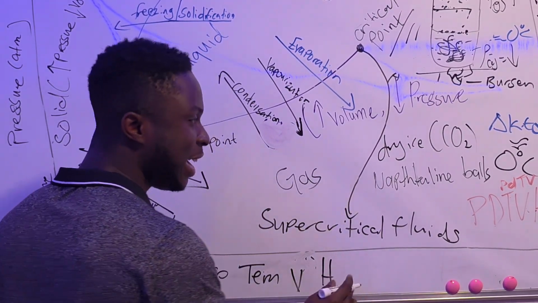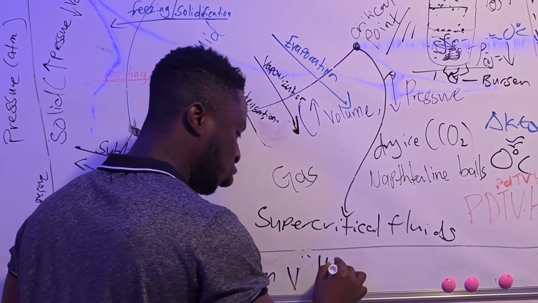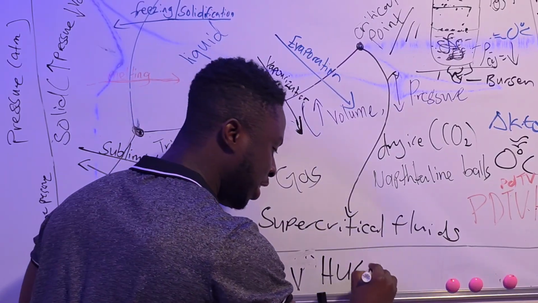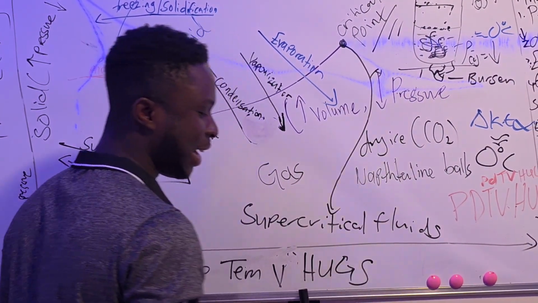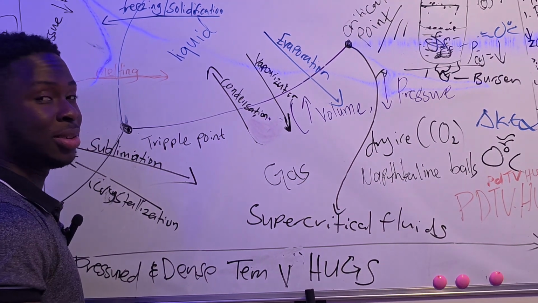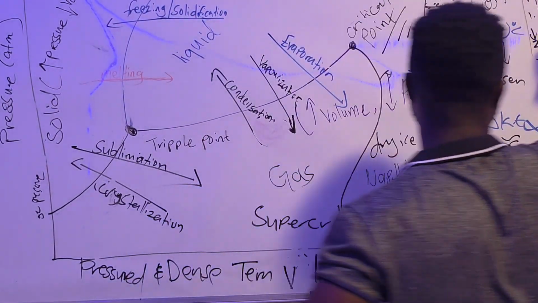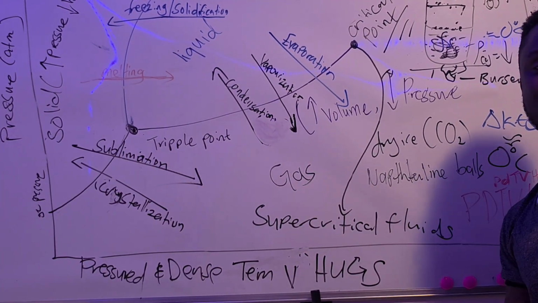So the H here would be your enthalpy. Your U here will be your internal energy. Your G here will be the Gibbs free energy. And then your S here will be your entropy. Got it? So that is the state functions. Work and heat are not state functions.